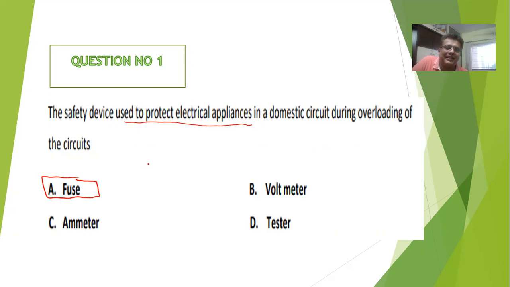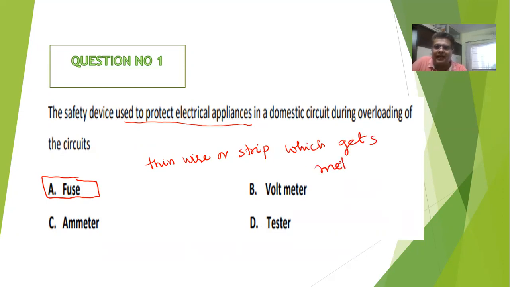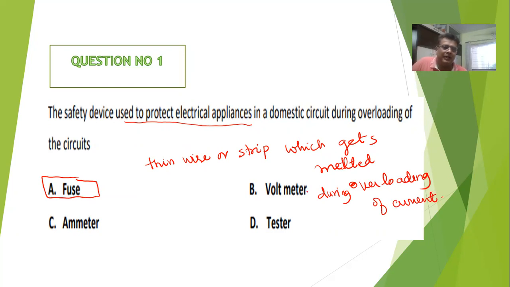What is a fuse? Fuse is nothing but a thin wire or strip, my dear student, which gets melted if there is an overloading of the current, and it stops the current, my dear students.